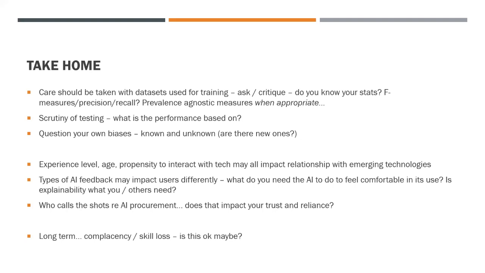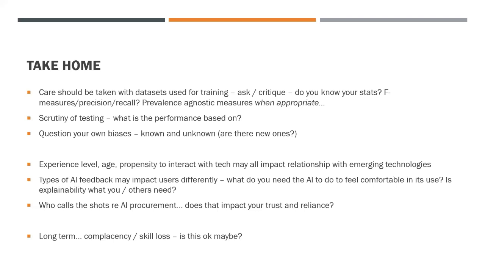Have some scrutiny of testing. What is the performance based on when something's reported? Look into what that's actually based on. Question your own biases: the biases that you know, the biases that you don't know, and the biases that might develop over time. Think about your experience level, and your propensity to interact with technology. How might that impact your relationship and others' relationship with emerging technologies?